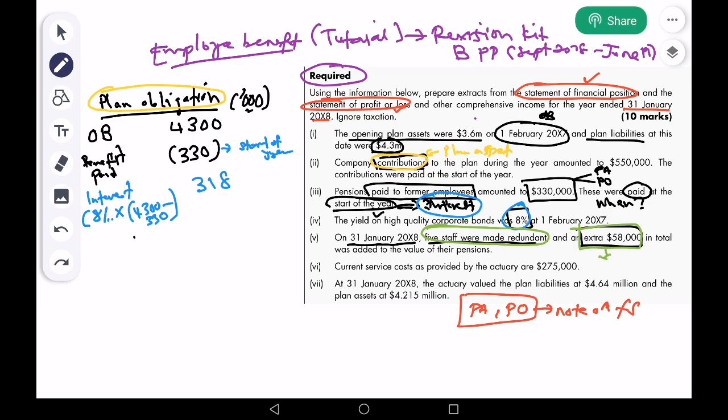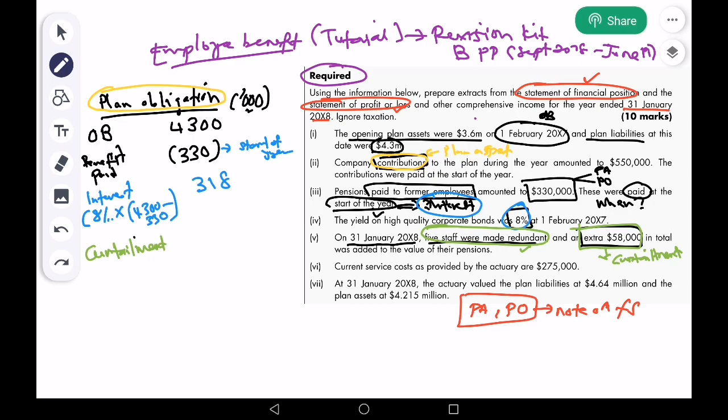Remember my first video I mentioned? Correct. If any redundant layoff, that we call curtailment. So you have your curtailment. How much is your curtailment, class? Because you have to pay extra.